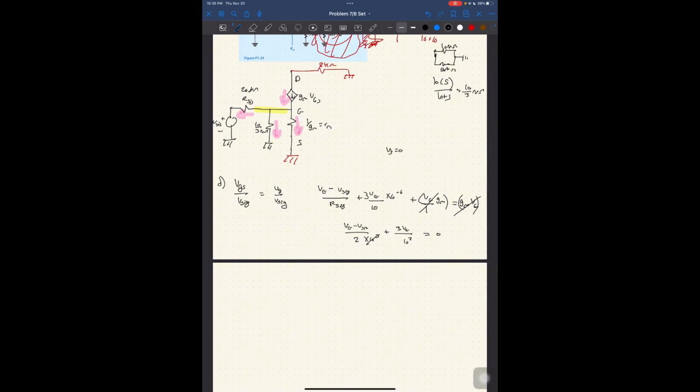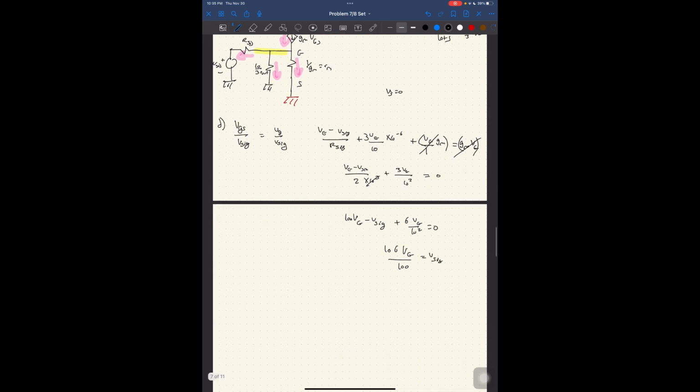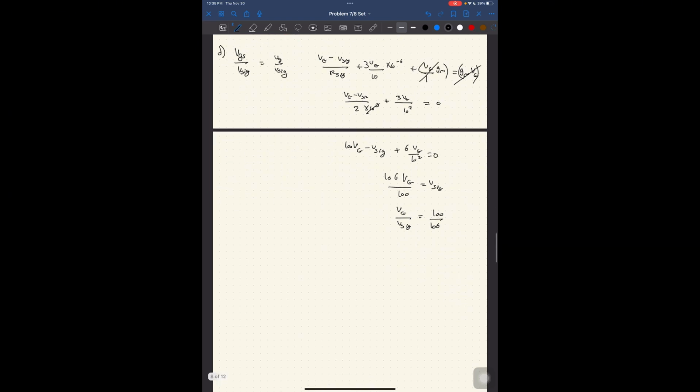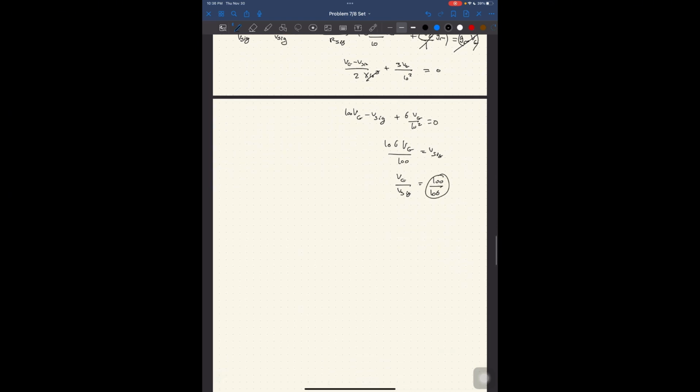And then I can multiply both sides by 2, I suppose. So Vg minus V sig plus 6 Vg over 10 squared is equal to 0, such that Vg plus Vg over 10 squared, so this is 100 Vg, so this is 106 Vg over 100 is equal to V sig, which means that Vg over V sig is equal to 100 over 106, which is 50 over 53.